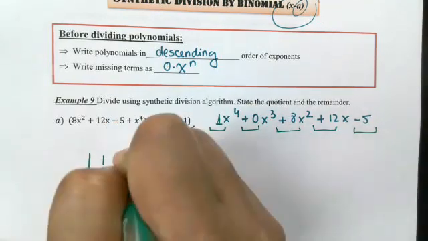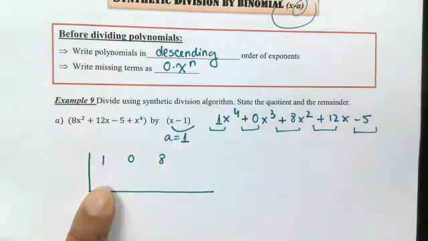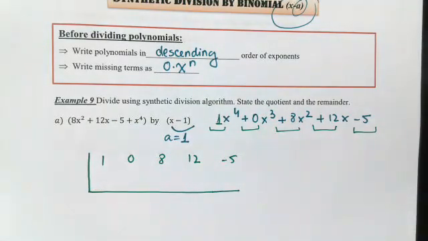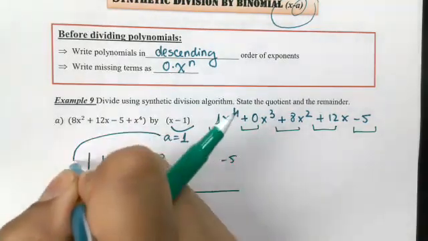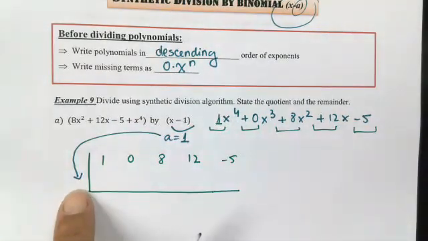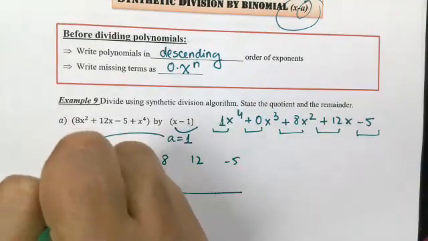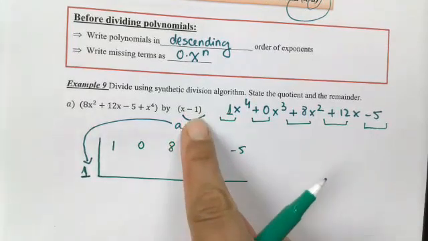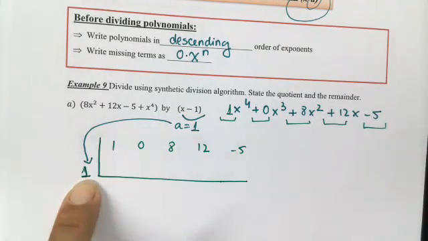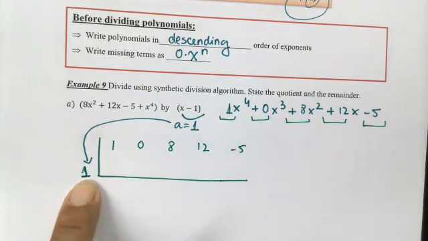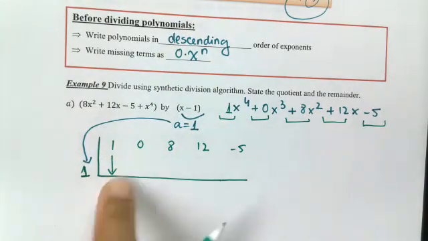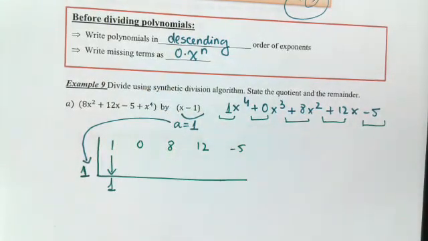You write 1, 0, 8, 12, -5. And the a value will go right there in the corner. So we write 1 right there. This a from the x minus 1 goes right there. And we drop this first coefficient underneath the line to be able to start the algorithm.